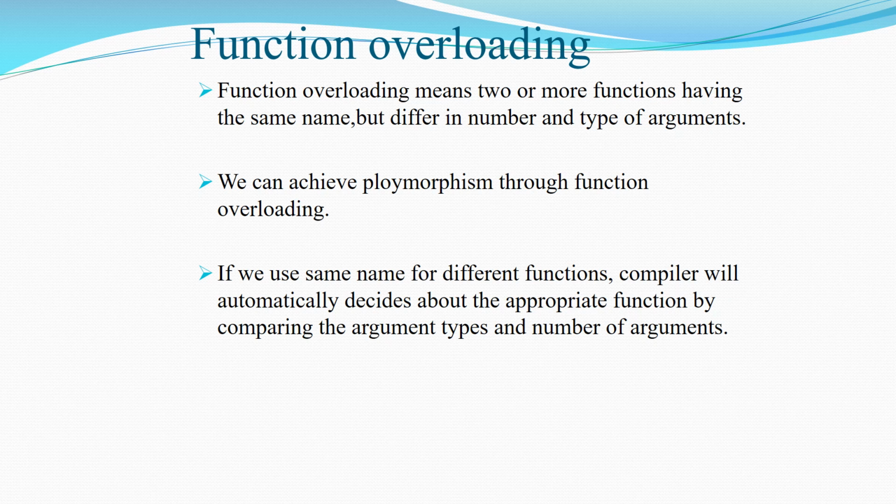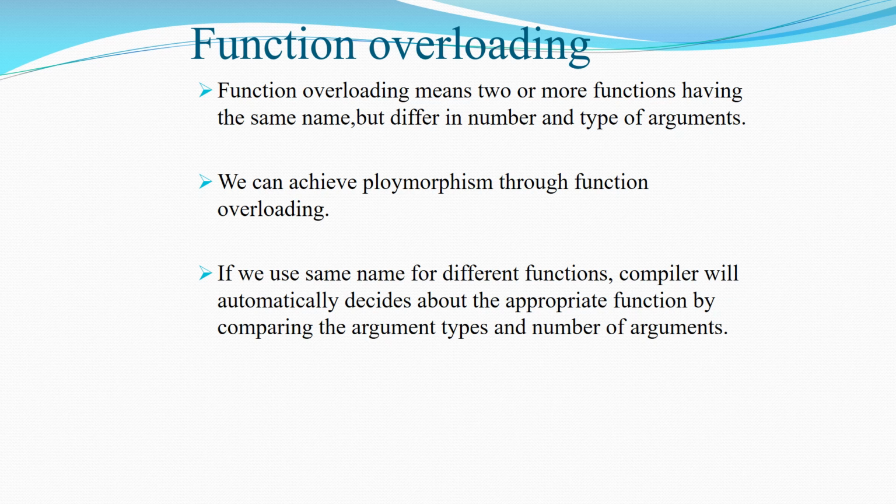Once again, I'll repeat function overloading. Function overloading means two or more functions having the same name but differing in number or types of arguments. By using function overloading, we can achieve polymorphism.